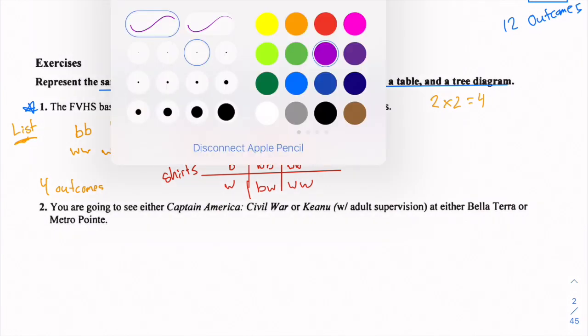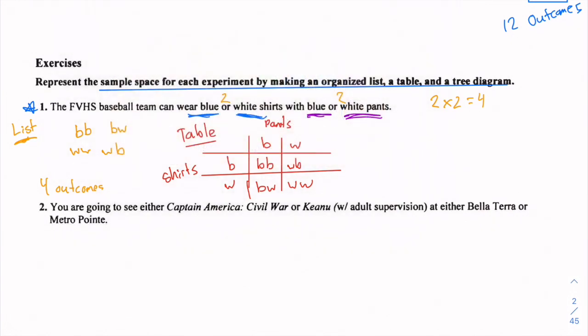And here is your tree. Let's make it brown. Your tree diagram. Okay, so let's start. There are different levels. You start with the outcomes. With your first level, you're going to talk about pants. Let's do shirts since that's what they said first.